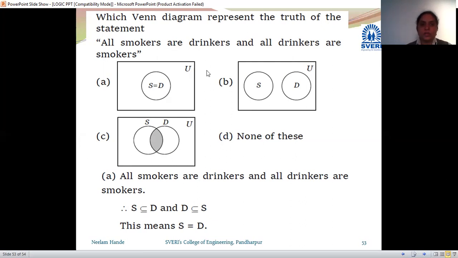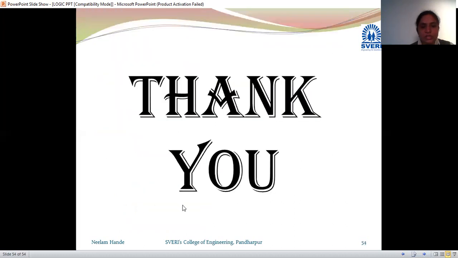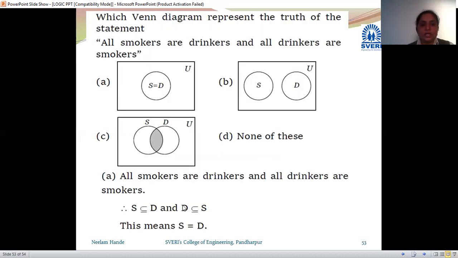It means smokers and drinkers are not two different sets; it is one and only. Like this, S is in D because all the smokers are drinkers. D is in S, so all the drinkers are smokers. It means A is in B and B is in A, so A is equal to B. These two sets are exactly equal.